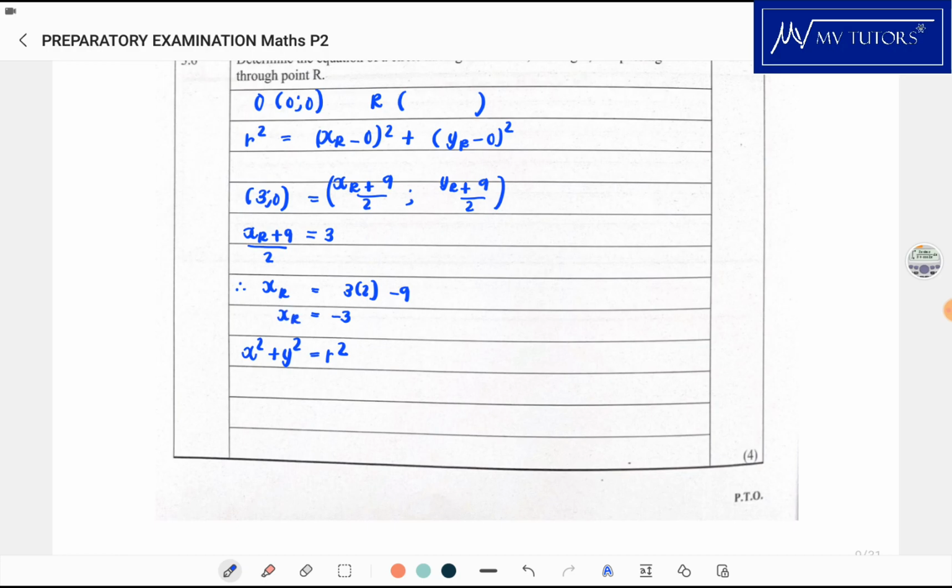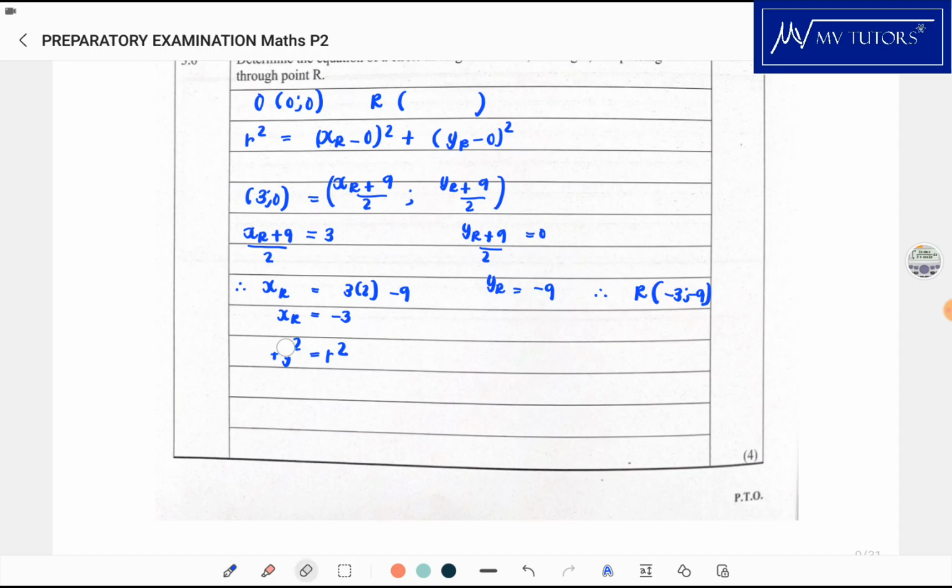And then with y as well, we have y_R plus 9 over 2 is equal to 0. So 2 times 0 is just 0, and 0 minus 9 is just minus 9. Therefore R is (minus 3, minus 9). And then we can get the distance, which is our radius.